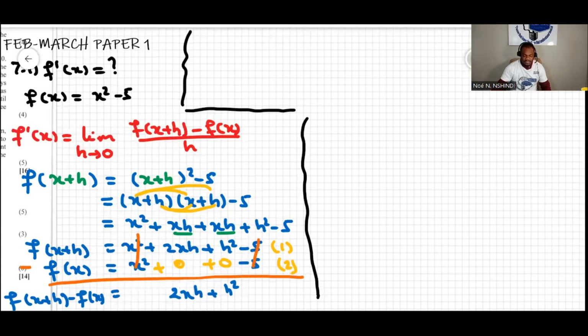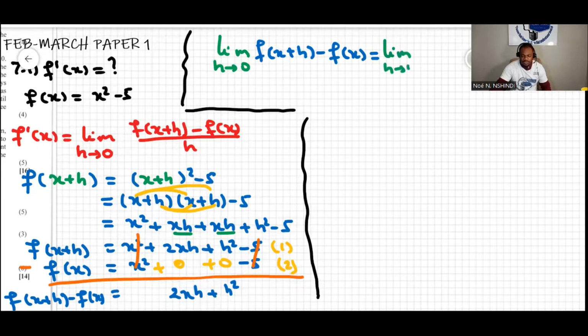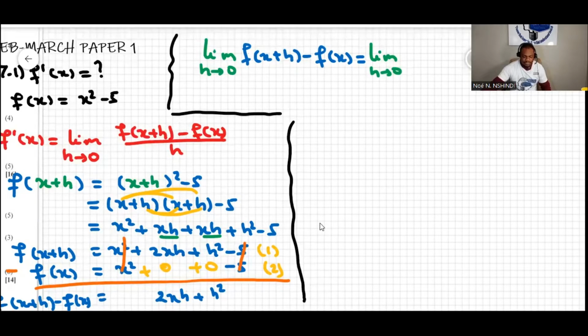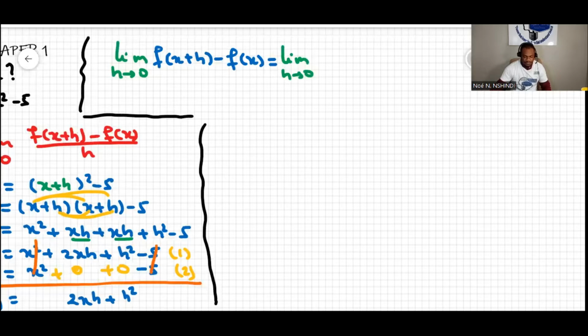If I put the limit on both sides, with h approaching 0, the limit of f of x plus h minus f of x is equal to the limit, with h approaching 0, of 2xh plus h squared.